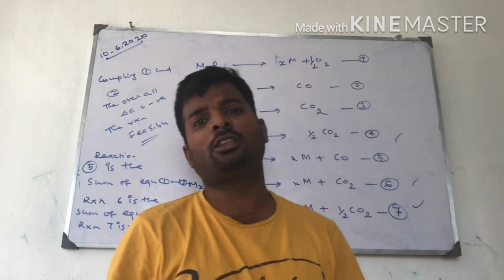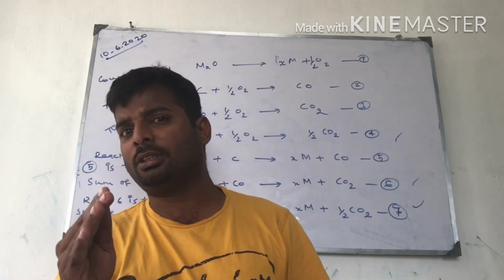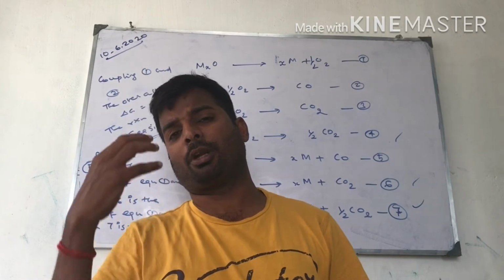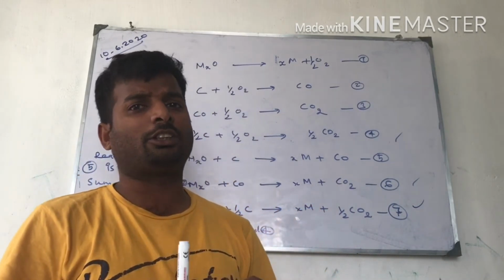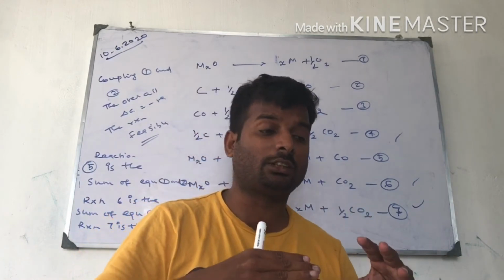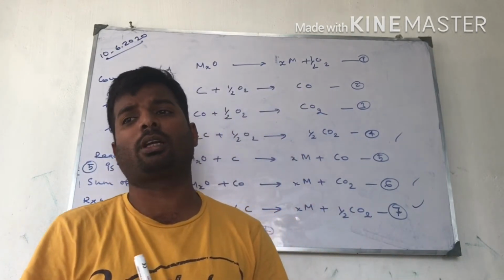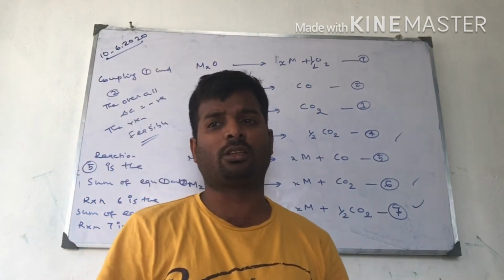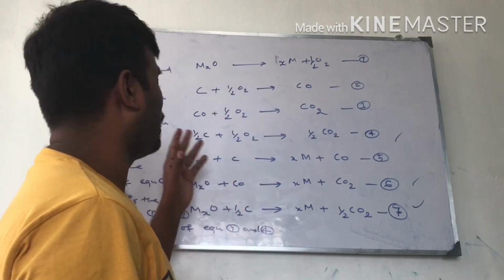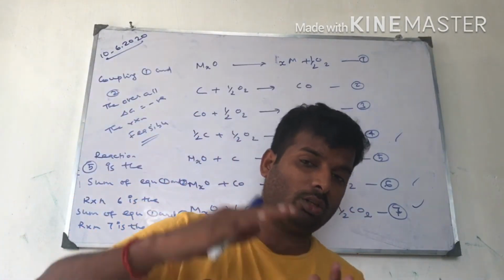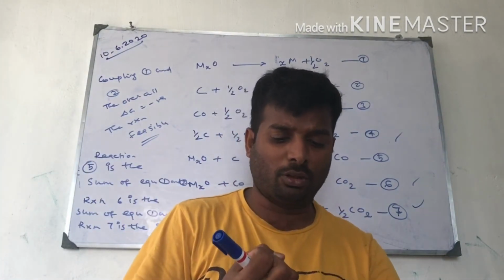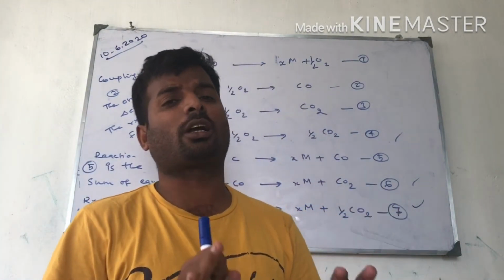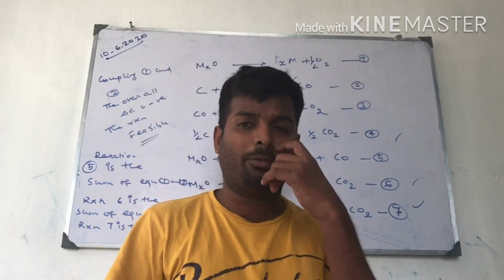As temperature increases, delta G becomes negative, because energy is released during the process. A large amount of heat is released. So temperature is positive and delta G is negative. This is the condition for spontaneity of the reaction.